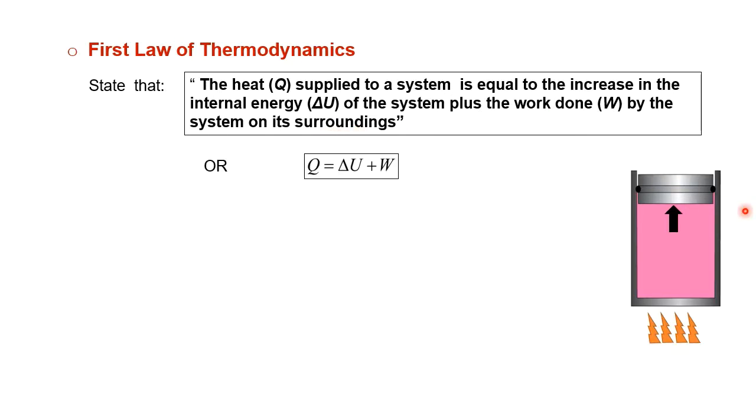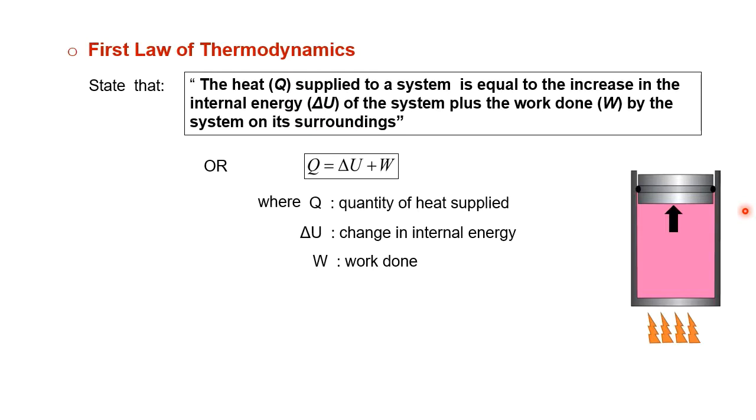In terms of formula, it is Q equals delta U plus W. When we write the definition in terms of formula, we have to define each term, where Q is the quantity of heat supplied, delta U is the change in internal energy, and W is the work done.